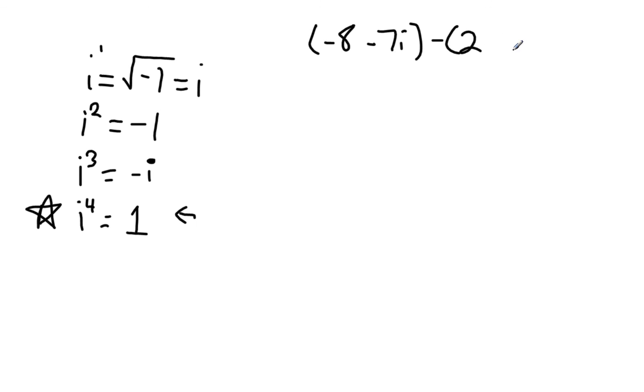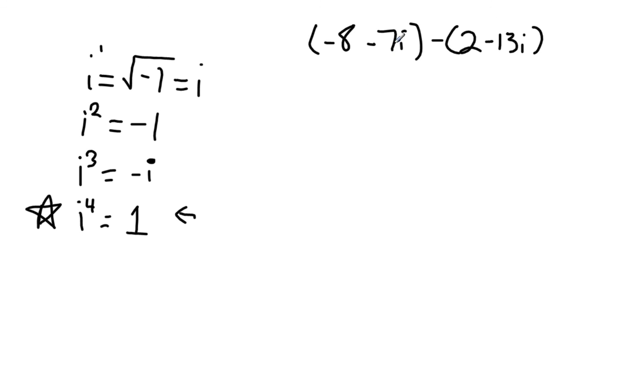Minus 2 minus 13i. Now, if you were just looking at it real quickly, you'd be like, oh, this is just FOIL. But no, because we're not multiplying polynomials here. We are subtracting. I made the kids stop saying plus, because they'd be like, you just plus those numbers. I was like, add.